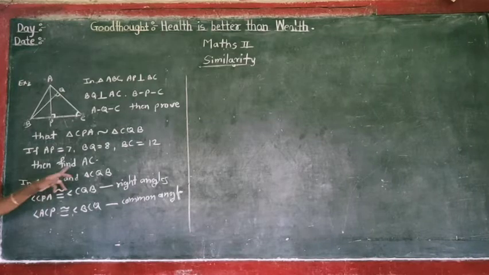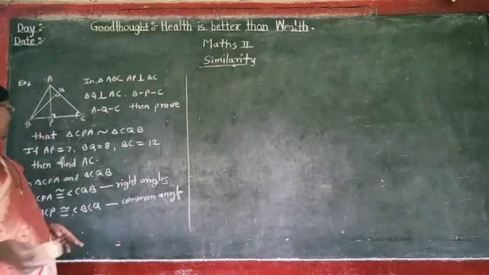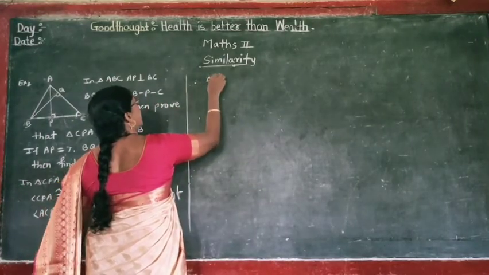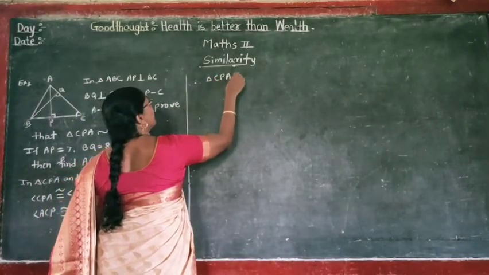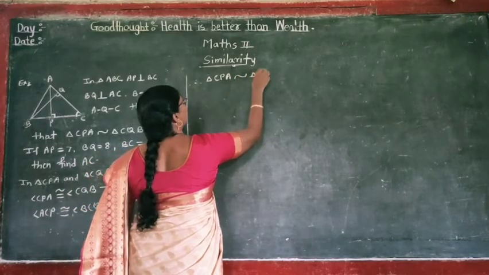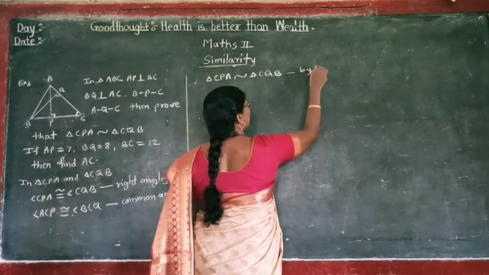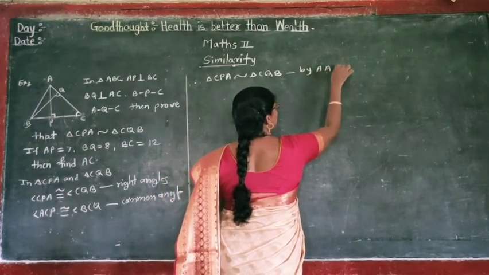That means triangle CPA and triangle CQB are similar. Therefore, triangle CPA is similar with triangle CQB by AA test of similarity.